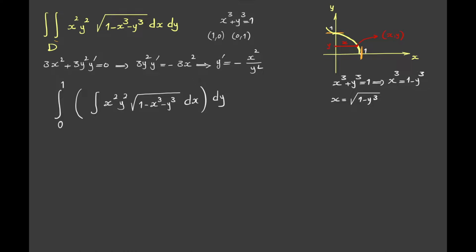So this means that the lower value for x for any choice of y is 0, but the highest value that x can attain for that particular value of y is this quantity. So if I want to fill up these limits, I go from 0 up to the cubic root. Oh, sorry, I forgot to put the cubic root here. Up to the cubic root of 1 minus y cubed.